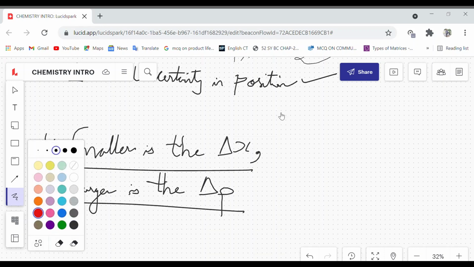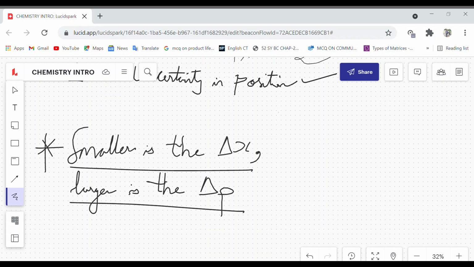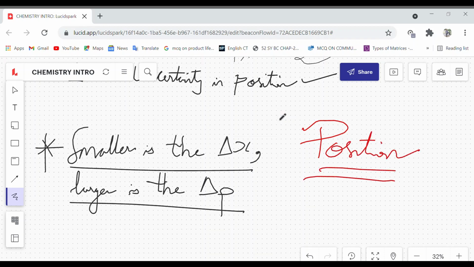What does it mean? The more you know about the position of any particle, the less you must have known about its momentum. Understood? So smaller is the del x, larger is the del p.